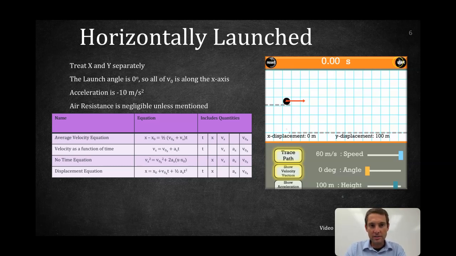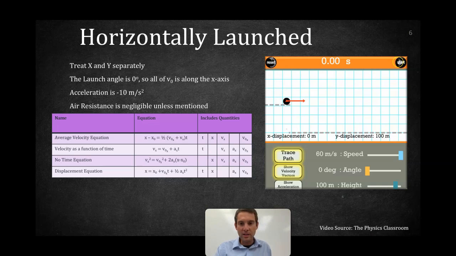Here, the launch angle is 0, so all of the initial velocity is along the x-axis. Think about the vector unit. If we're looking at the y velocity, we would do the initial velocity times sine of the angle. Sine of 0 is 0, so there's no initial velocity in the y direction. Acceleration, meanwhile, is still negative 10 meters per second squared.